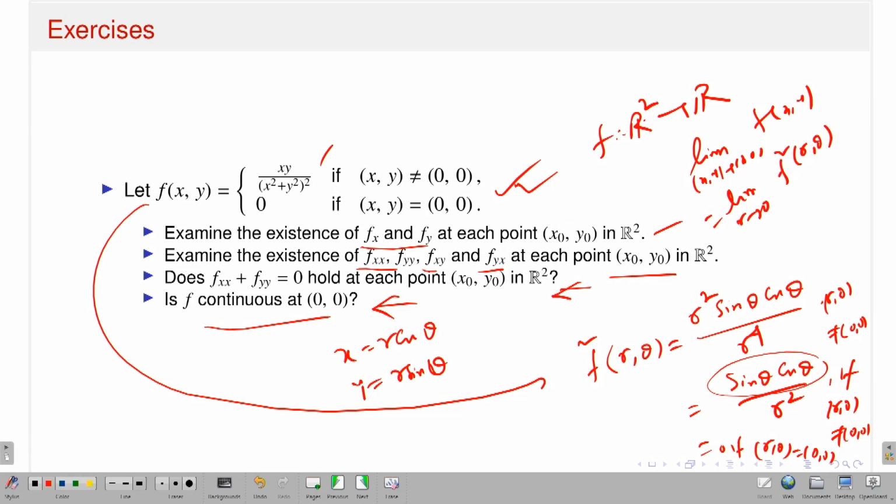This conversion will be there, but look at the function. This is nothing but the limit as r approaches 0 of sine theta times cosine theta divided by r square. Now the numerator, sine theta and cosine theta, is actually a bounded quantity, right? This is bounded by some constant, but the denominator is r square, and if r approaches 0, it blows up. Therefore the limit does not exist, and therefore the function is not continuous.